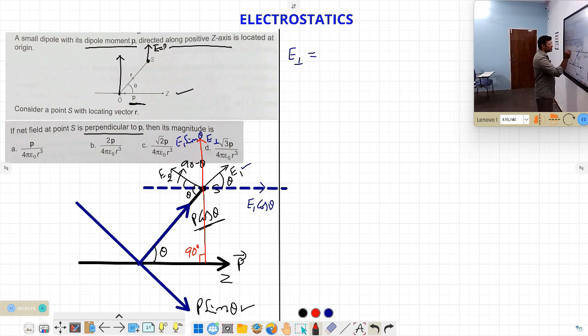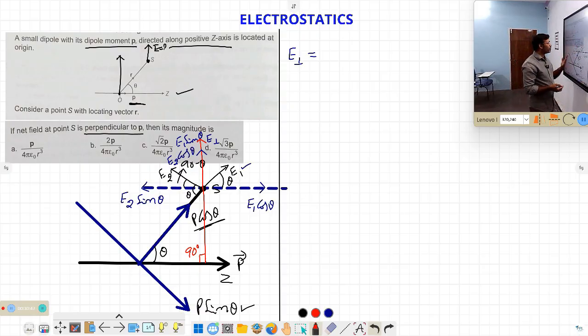Similarly, E2, if you resolve into components, gives E2 sin of 90 minus theta, that is E2 cos theta, and in this direction we have another component, E2 sin theta. Sin of 90 minus theta becomes cos. These are the two components.